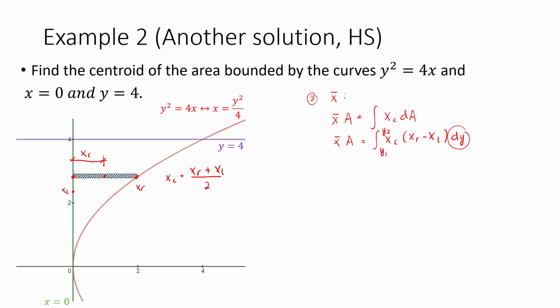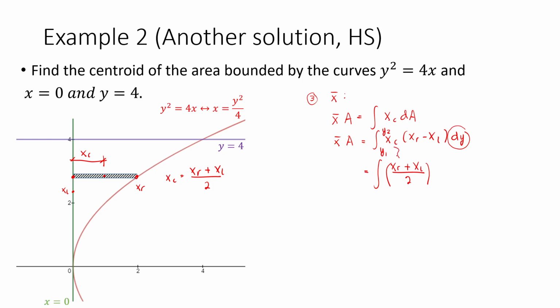So earlier in using the vertical strip, when solving for y sub c, we used the midpoint concept. But for the horizontal strip, it's switched, di ba? So it's being reversed now. So we are utilizing the midpoint concept in the x sub c variable.